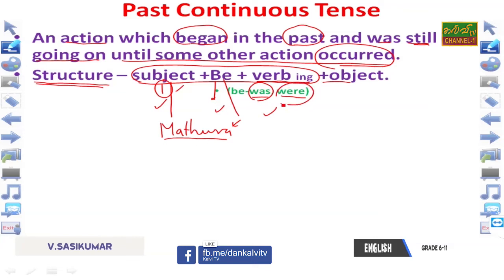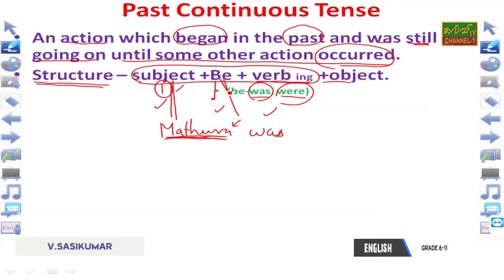Don't forget: if the subject is singular, was; if the subject is plural, were must be written. So that's why Madhura. For an example, I am giving the subject, Madhura.